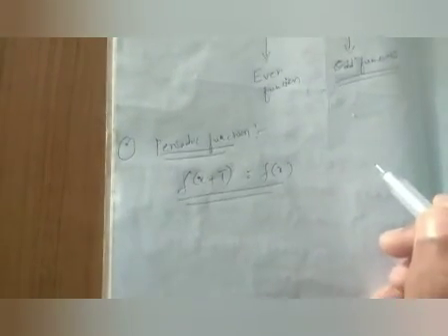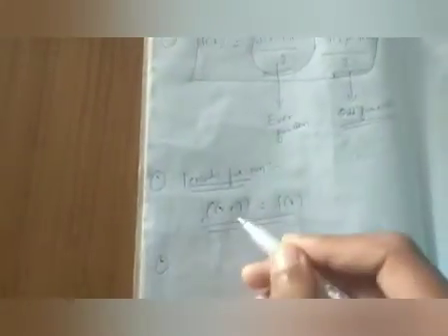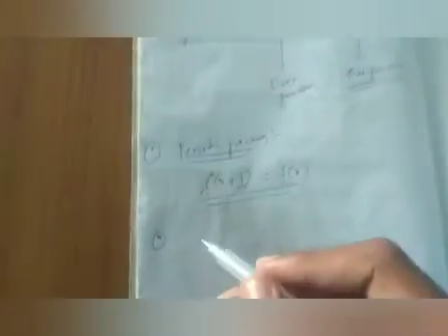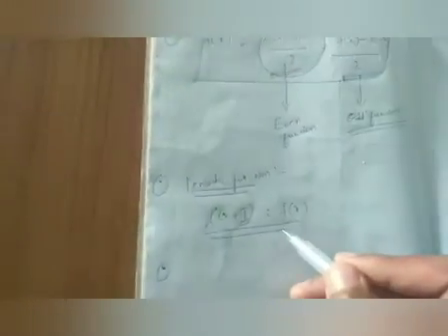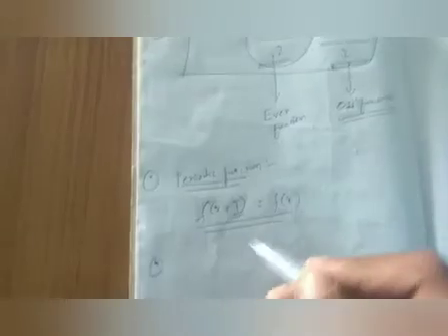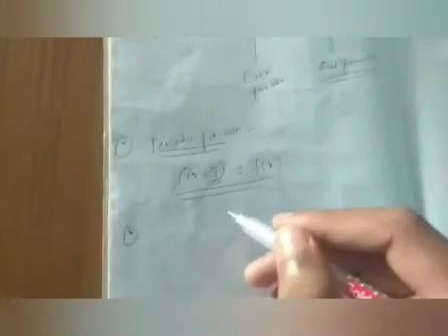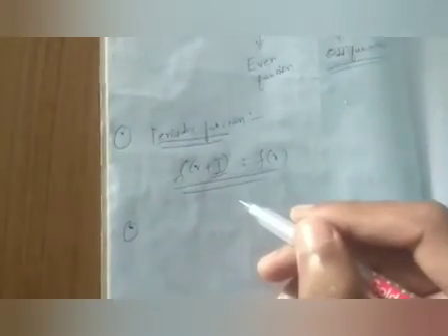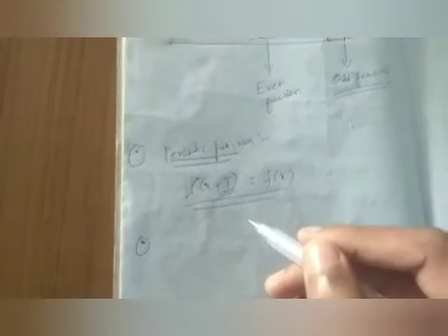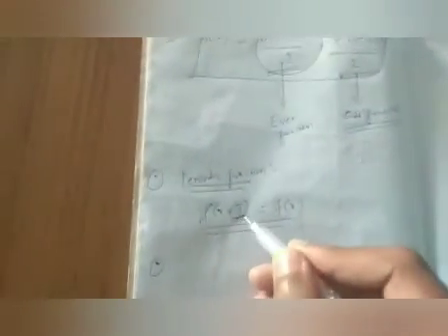Then f of x is a periodic function and t is called a period of that function. The fundamental period is the least value of t such that f of x plus t equals f of x.